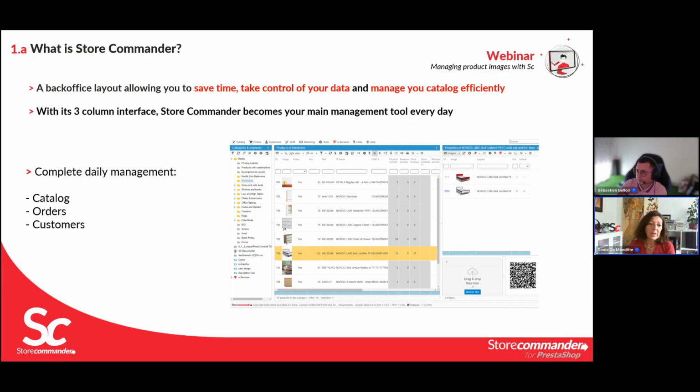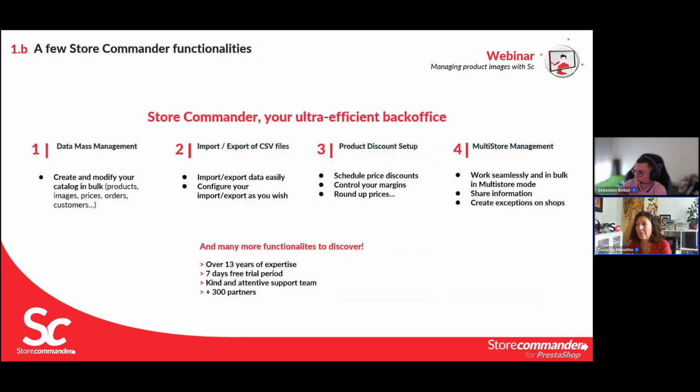When we talk about Store Commander, we refer to 4 main functionalities, although there are a lot more. The first is data mass management. Using all the different functionalities within Store Commander, you can create and modify your products and also manage your orders as well as your customers.